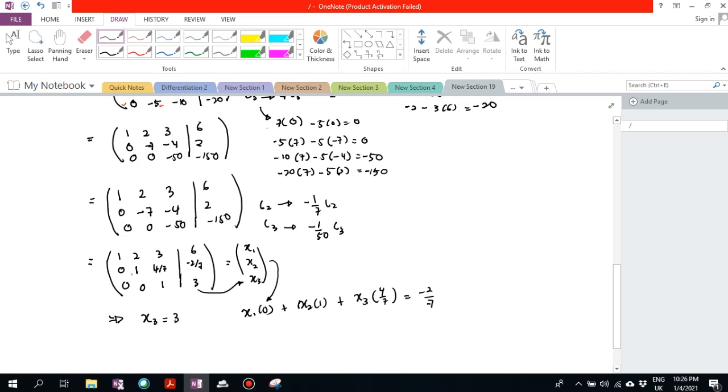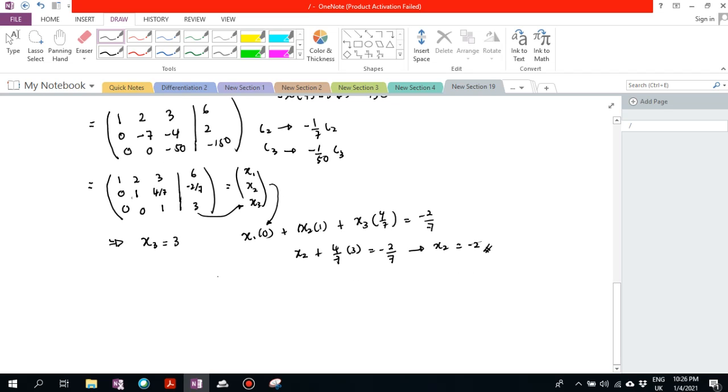We know x3 is already 3, so what we get here is x2 plus 4 over 7 times 3 is negative 2 over 7. So here you will get x2 is equal to negative 2.